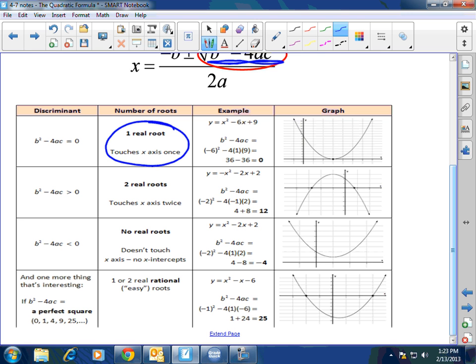So it's going to look something like that, where it only hits the x-axis at one point. So if I know that the discriminant is 0, I know I have one solution. If b squared minus 4ac is greater than 0, it's just a positive number, you're going to have two real solutions. So you'll have, for example, two x-intercepts.